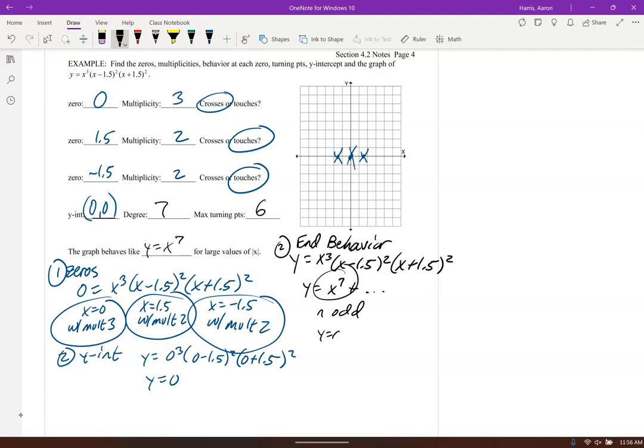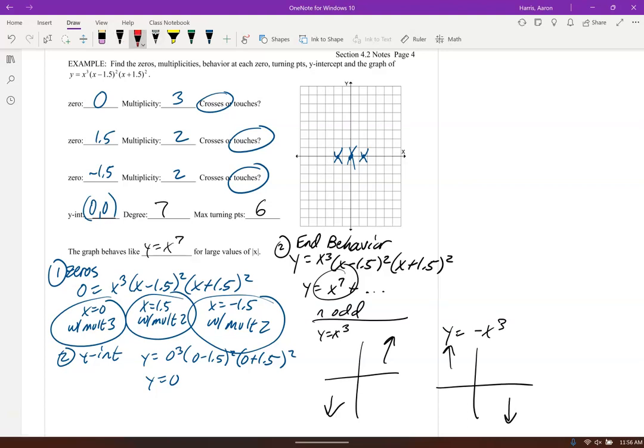Does it behave like x cubed or negative x cubed? What's the leading coefficient? So it'll be which one? Yep. Down to the left, up to the right.